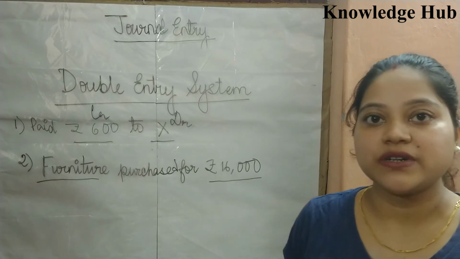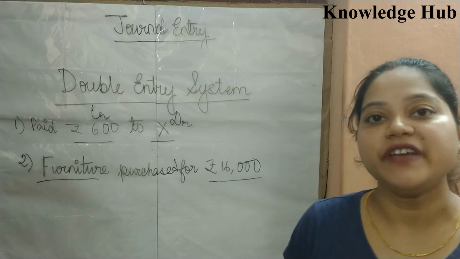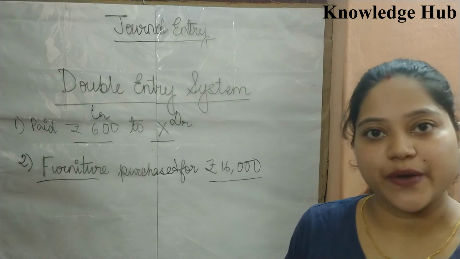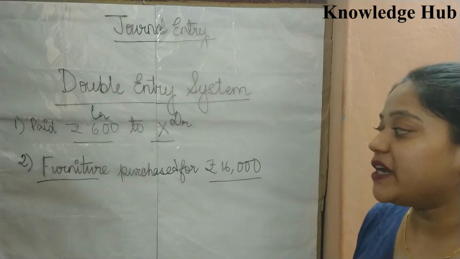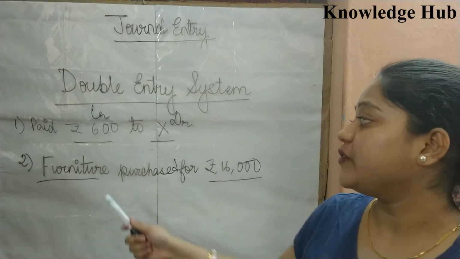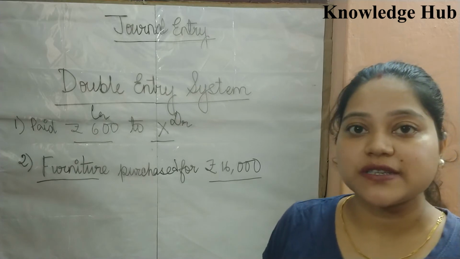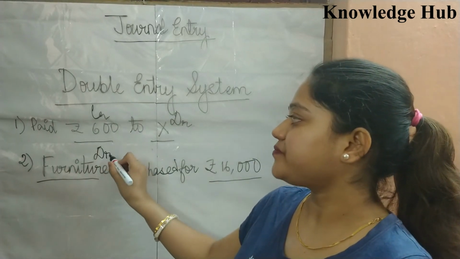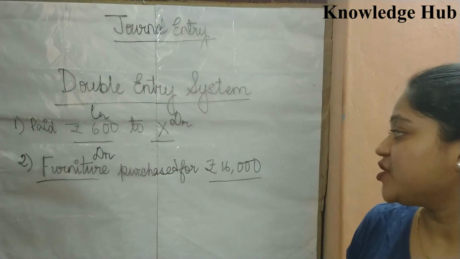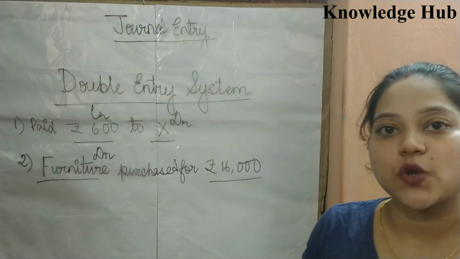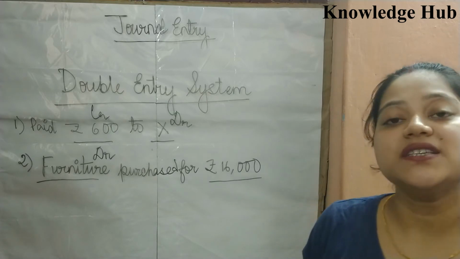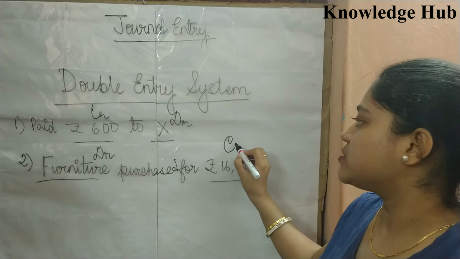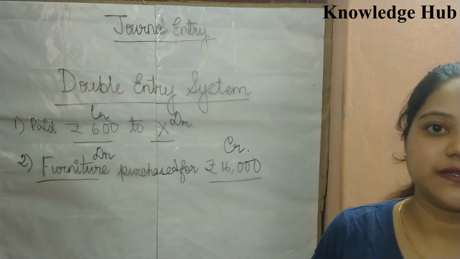So, in a real account, according to the traditional approach, we know that what comes in is debit and what goes out is credit. By reading the transaction, it's clear that furniture is purchased. So what is coming in is furniture. So the furniture will definitely be debited, and the cash, being a real account as well, is going out. Whatever goes out is credited according to the traditional approach. So rupees 16,000, that is the cash, will be credited.